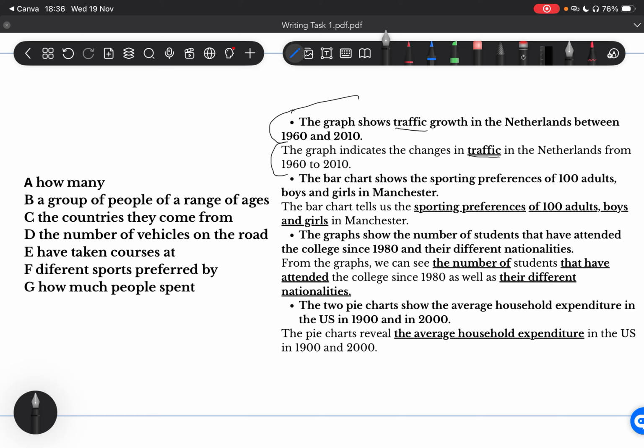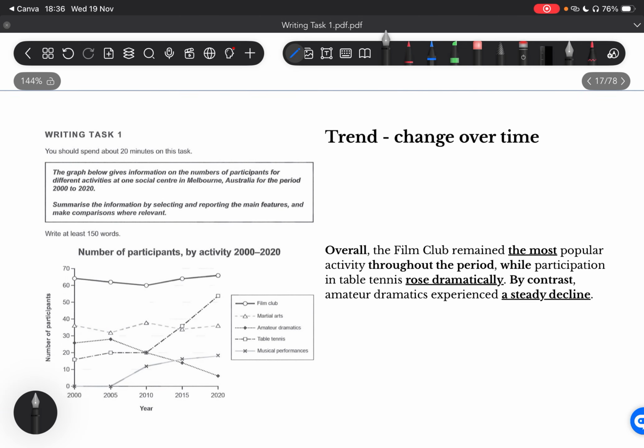They were just written the same way. Your task is to find a word from here which would replace this word. Like traffic, it is the number of vehicles on the road. The graph indicates the changes in the number of vehicles on the road in the Netherlands from 1960 to 2010. So this would be a good paraphrasing.